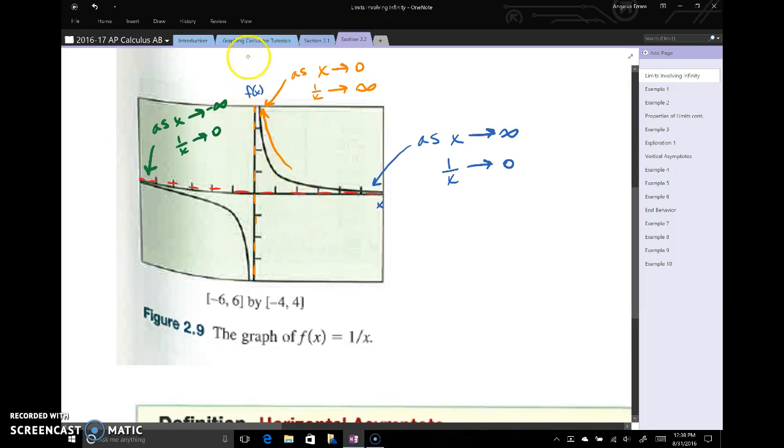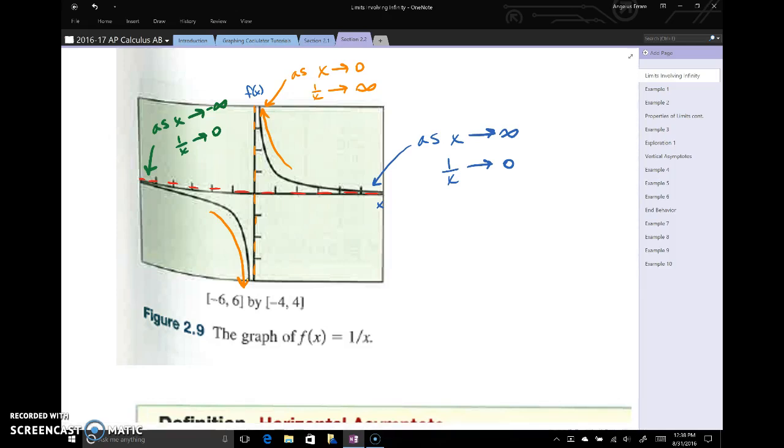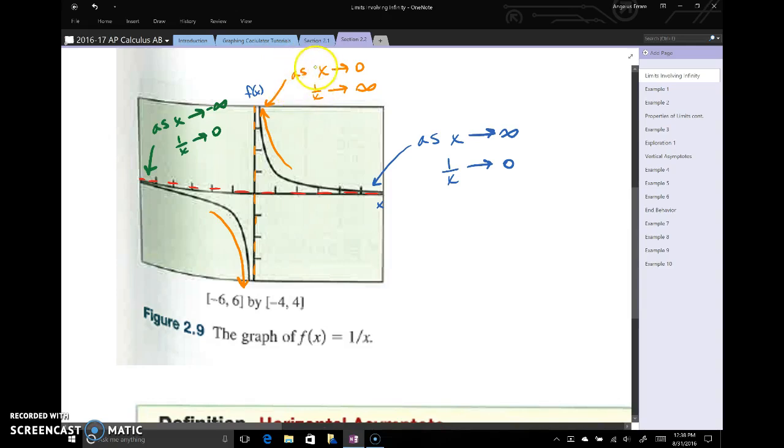So that would be moving towards infinity, very large, big values. But if we approach from this side, we're approaching very large negative values along the y-axis. So this is where one-sided limits come into play. What we would say here is as x approaches 0 from the right, the function approaches infinity. And down here, as x approaches 0 from the left, the function approaches negative infinity.